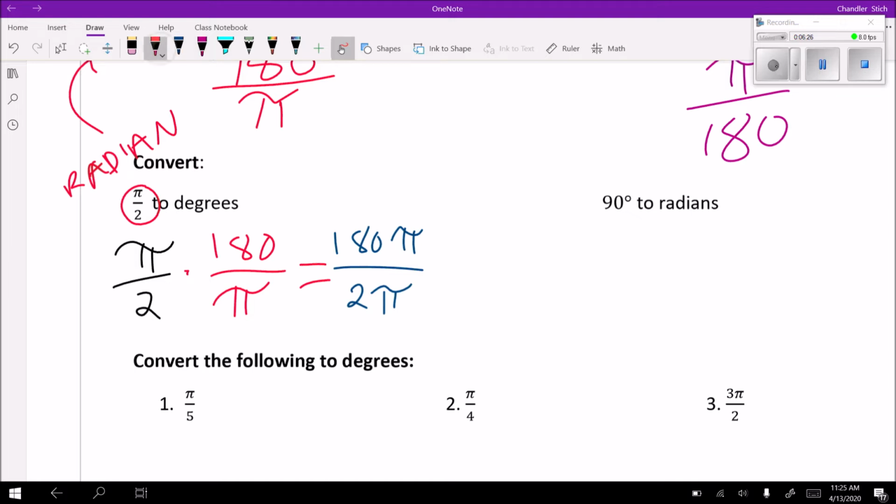Well, the pi's are going to cancel. And then what's 180 divided by 2? 90. So what's my answer? 90 degrees. So pi over 2 is 90 degrees.